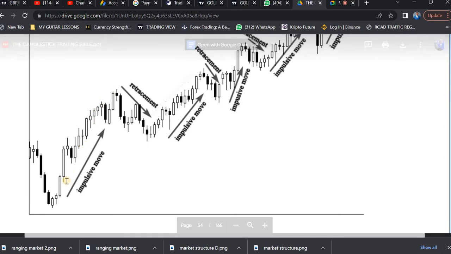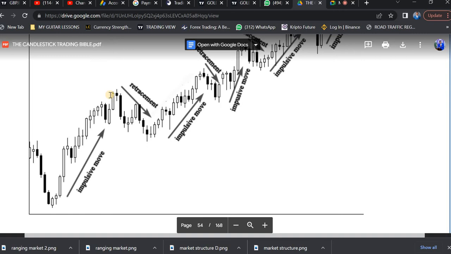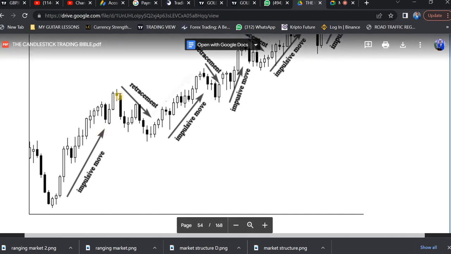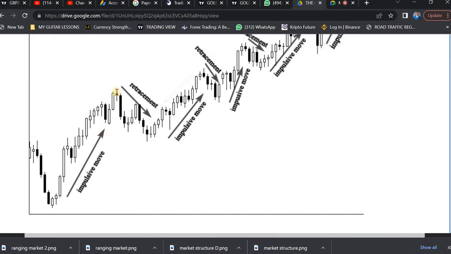When price moves up to a certain level, it does not move in a linear order. It moves in a zigzag way. It goes up and down, up and down. So the upward movement is called the impulsive move. Then as it goes up, it reaches a swing high and rests.